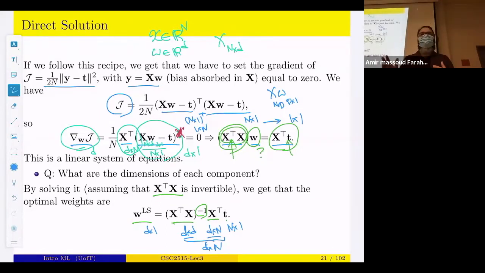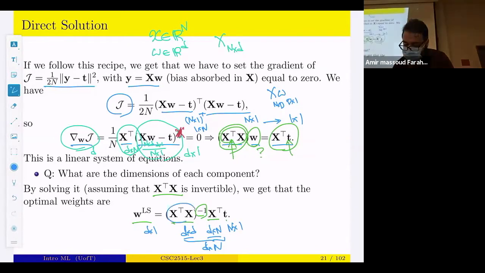Also from a statistical perspective, and we will see it soon, though not in great detail, if this condition number is not good, then the statistical performance, like generalization ability, would not be very good. So in practice, if we want to go through this direct approach, we add some regularization coefficient to this matrix.